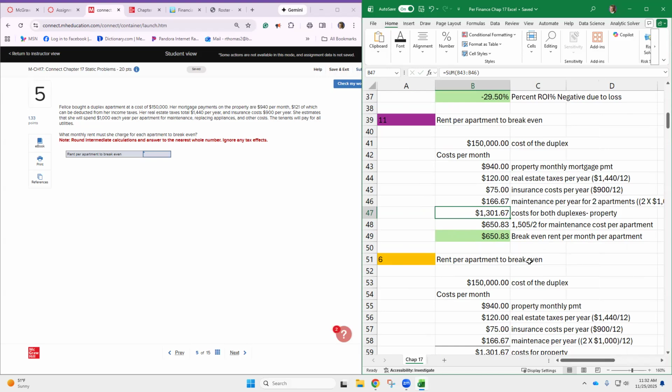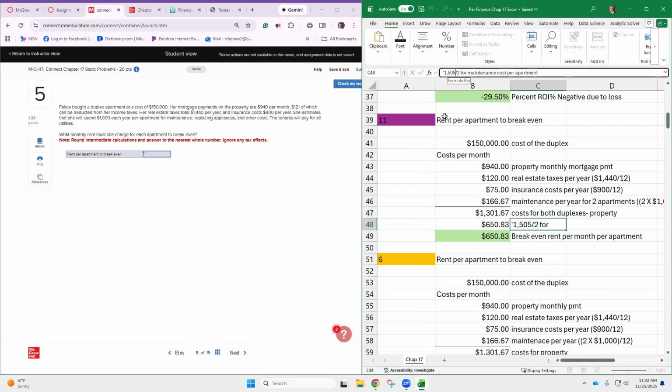And then that's what she would charge if she is going to break even. Okay, the term break even. It says, what monthly rent must she charge for each apartment to break even? So I think most of us understand that breaking even comes down to covering the costs, right? Just covering the costs. You're not making a profit.